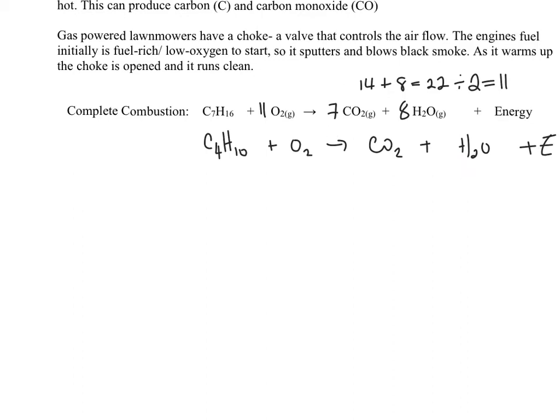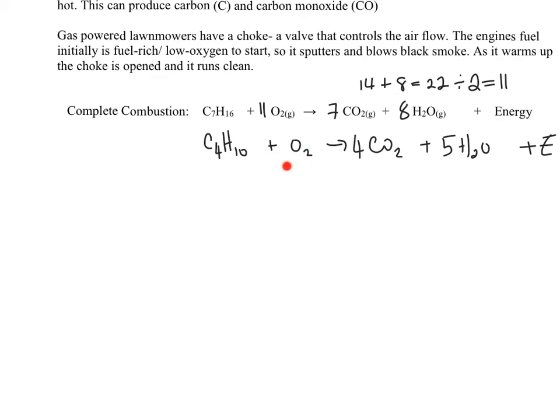But the problem there is that will produce an odd number of oxygens on the right-hand side. So now on the right-hand side, you have 4 times 2, 8. 5 times 1 is 5, so that you've got a total of 13 oxygens on the right.